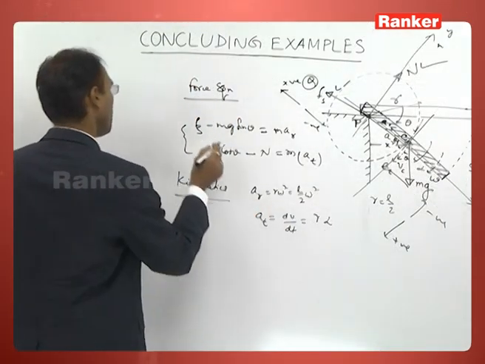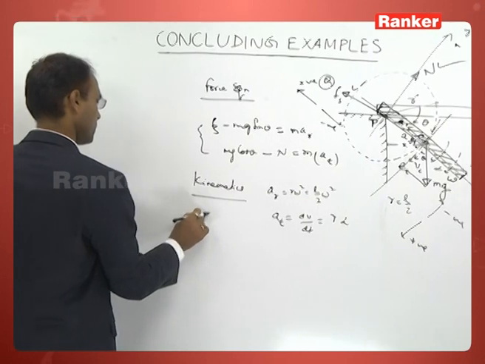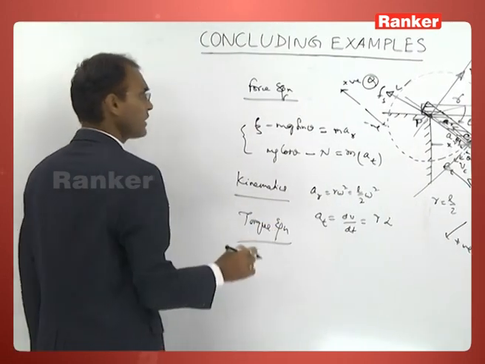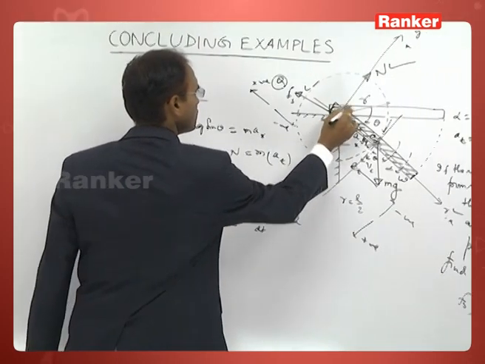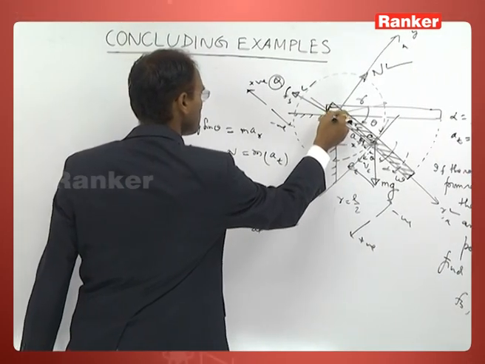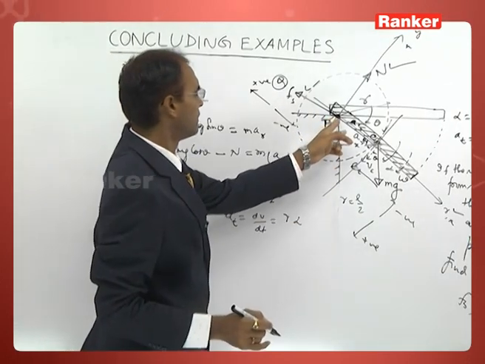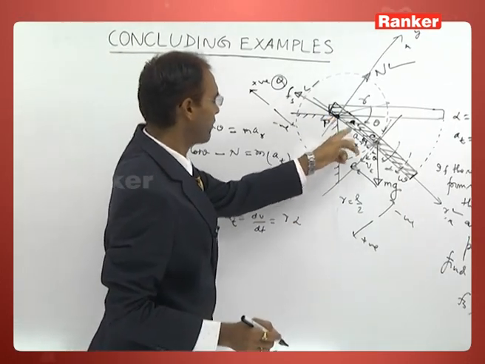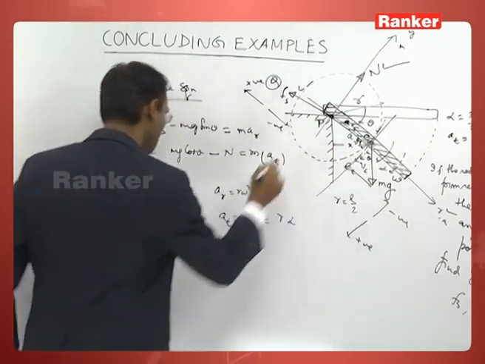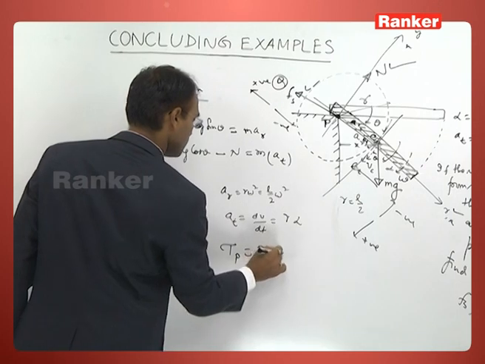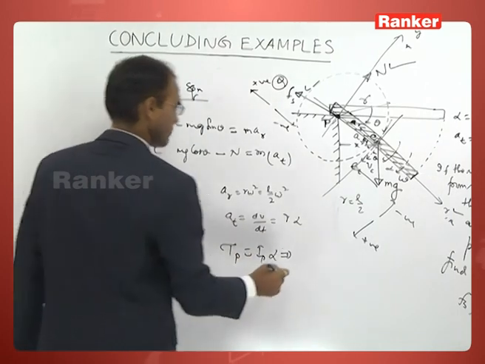Alpha we have got by using the torque equation. In the torque equation, these two forces will pass through the given point or this edge point. Therefore, they cannot produce a torque about this point. Torque is produced by the gravity about this point. That's equal to tau p is equal to I p into alpha. Already I have explained this.